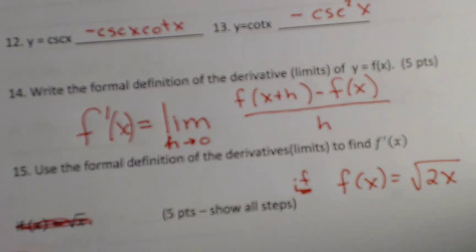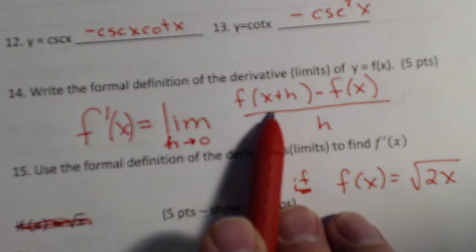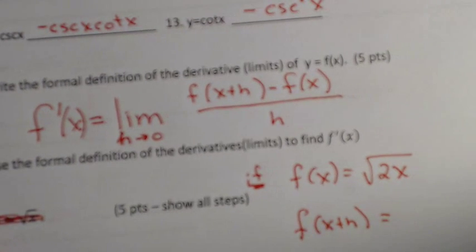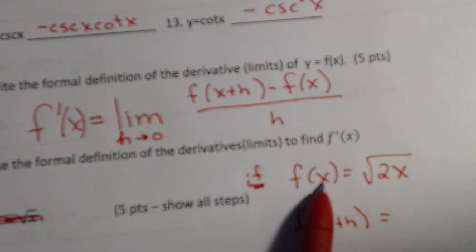Okay, we're going to use that definition in finding the derivative of f of x equals the square root of 2x. Let's make a note that because we're going to have to calculate f of x plus h, let's just go ahead right now and write down what f of x plus h is. F of x plus h is what you get when you put x plus h in for x.